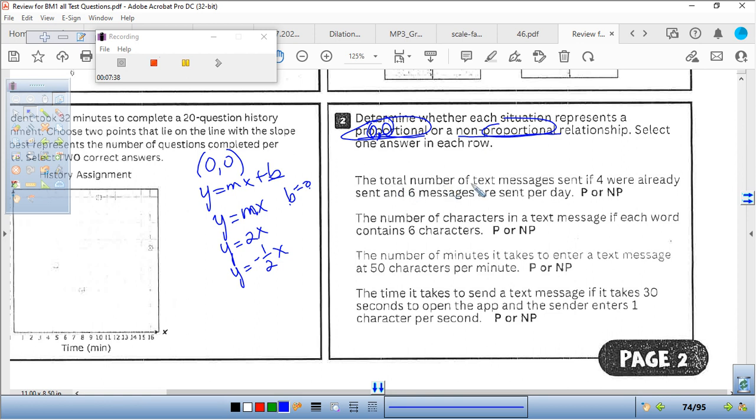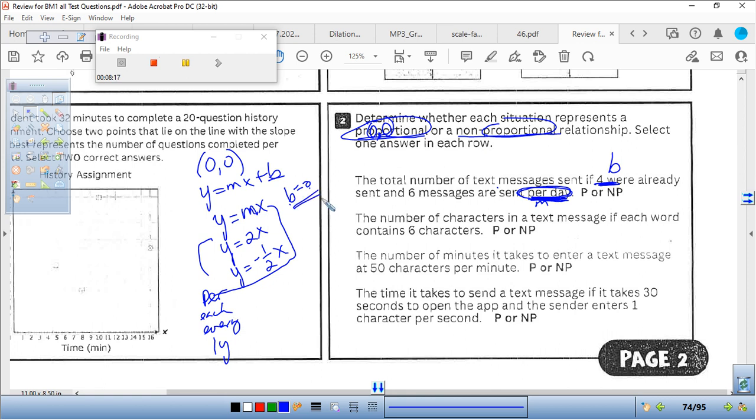A total number of text messages sent if 4 were already sent and 6 messages are sent per day. So per is a dead giveaway. What does per mean? Your slope. This one happens only once. That's going to be your b. So we come back over here. Anything with slopes is going to have a per, an each, an every, ly, daily, weekly, hourly, something like that.